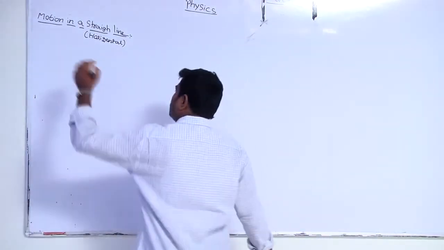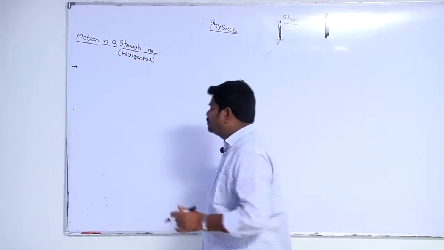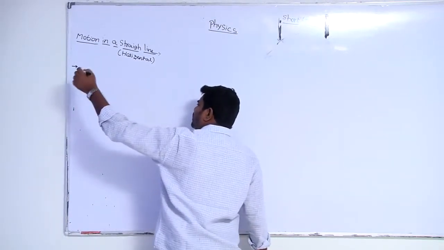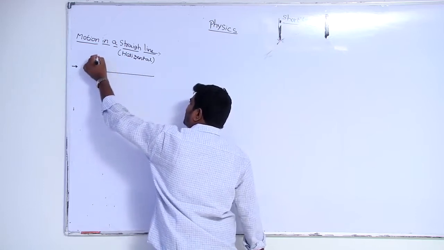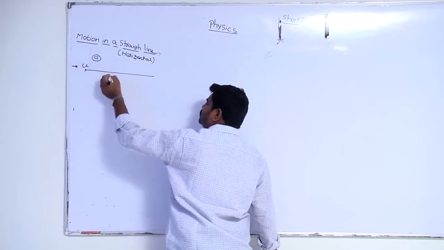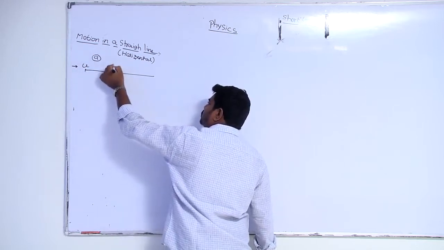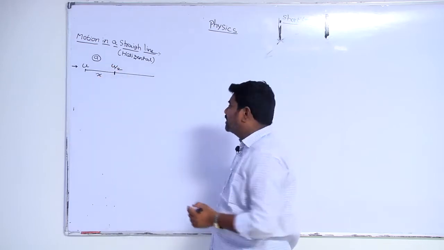For example, we already completed that. If a body is moving with uniform acceleration or retardation, starting with a velocity u, its velocity becomes half of the initial velocity after traveling a distance x.